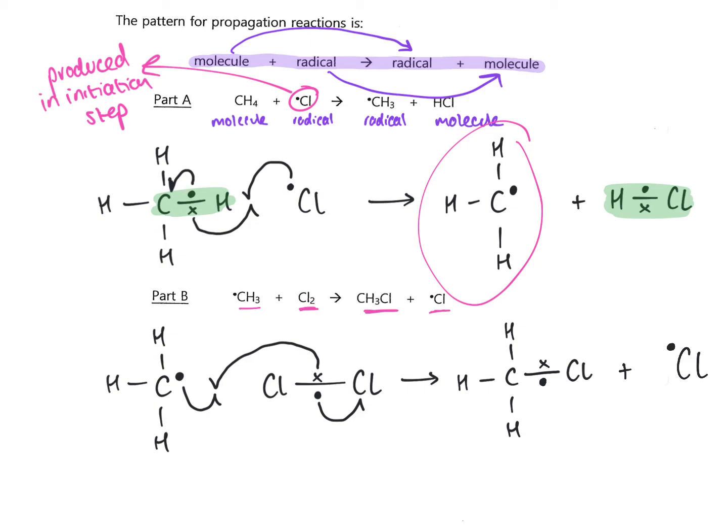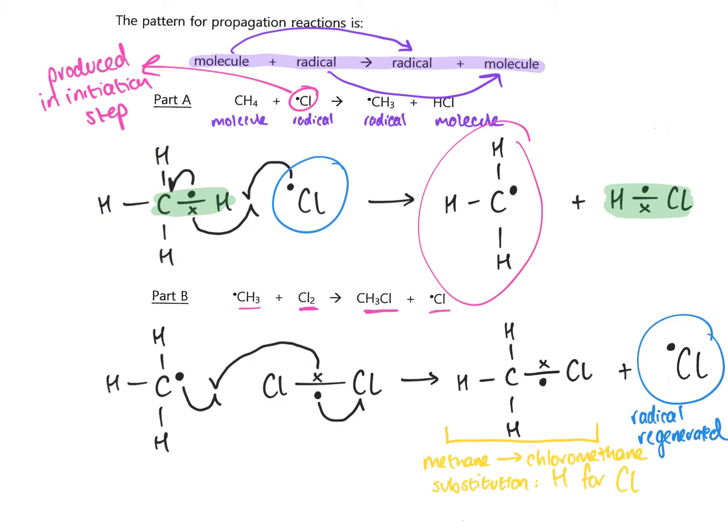So you can see that our chlorine radical, which was used up in part A, has now been regenerated in part B, and it is now ready to react with another methane molecule. And what we've also produced in this step is our desired product, where we have produced chloromethane from methane. And how has that happened?